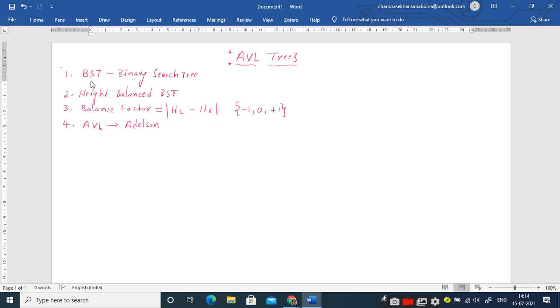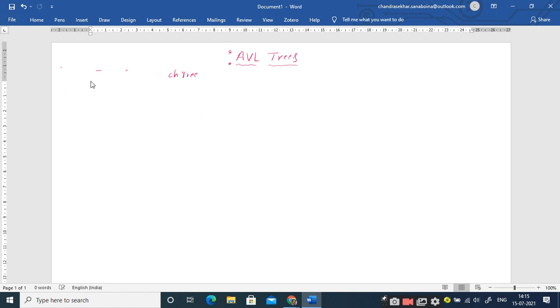This is just a recap of what we have discussed in the earlier class, and in today's session we are going to discuss a very important concept related to AVL trees. One is the imbalances, what type of imbalances we have in AVL trees.